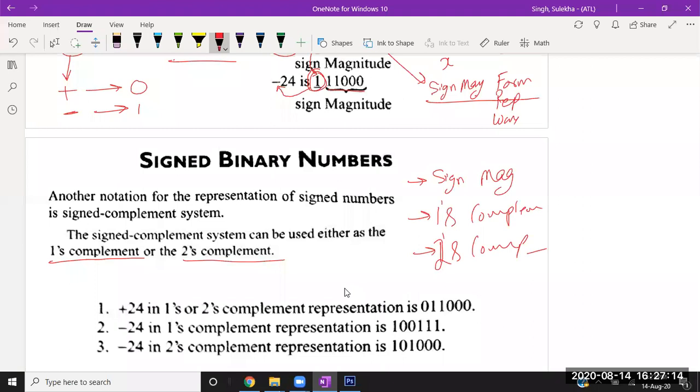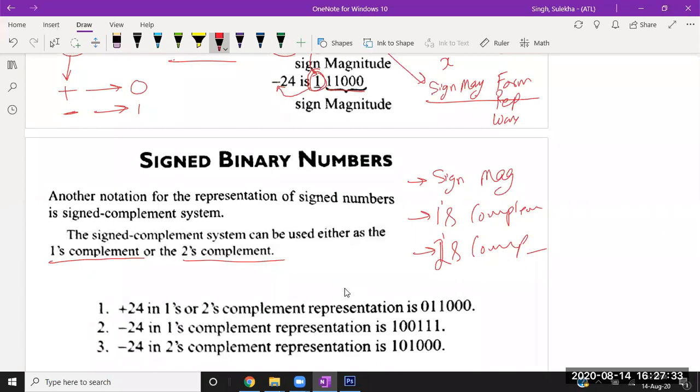These are the three ways by which you can represent any signed decimal number into its equivalent binary number. So we will see first how we are representing these numbers.